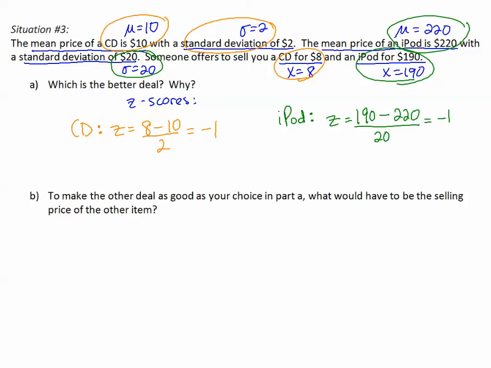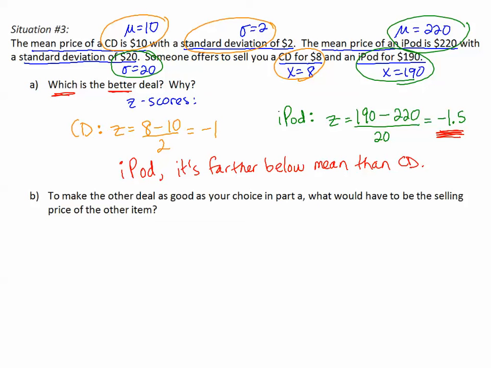And that makes a z-score of -1.5. So which is the better deal? Well, we want to pay less money, and this number is more negative, so it's less money because it's more below the mean. Therefore, the iPod is the better deal because it's farther below the mean than the CD, or rather, it's relatively less expensive.